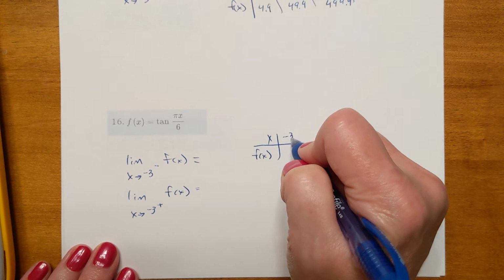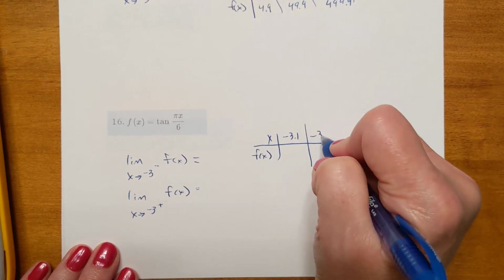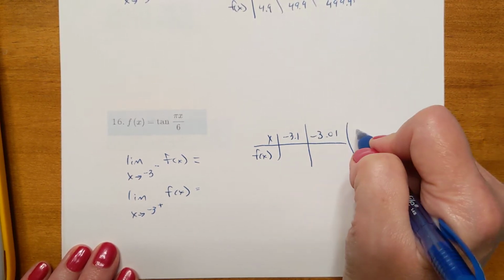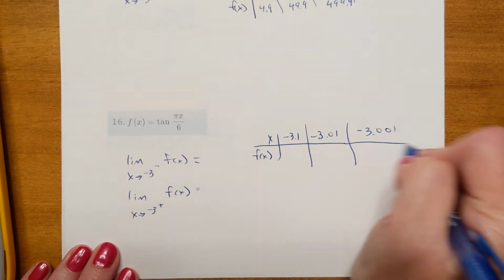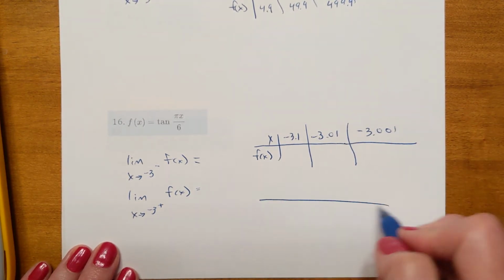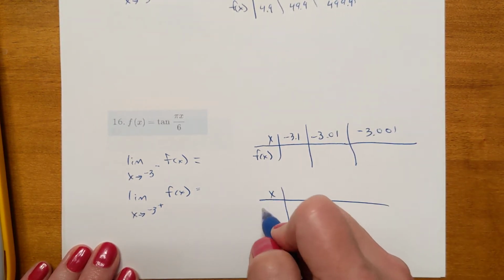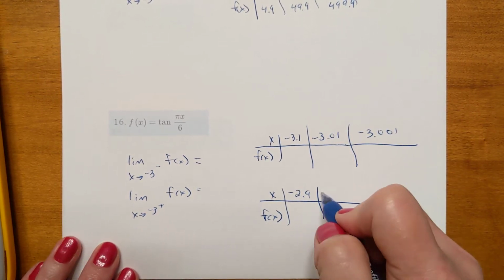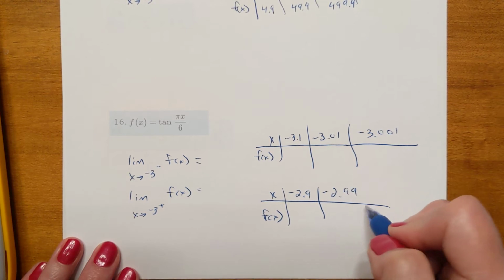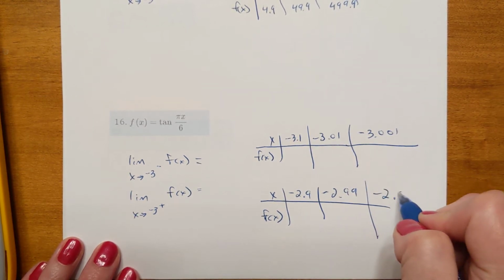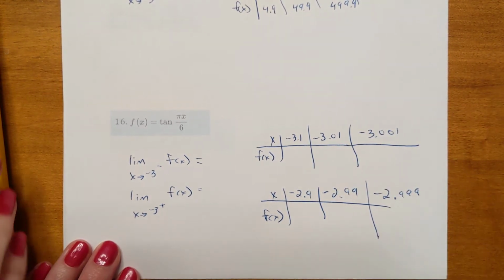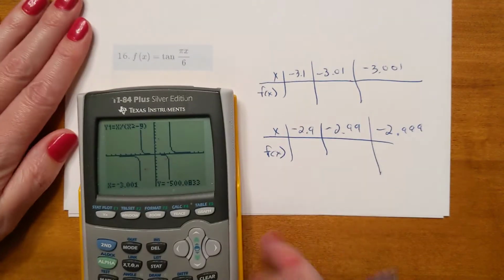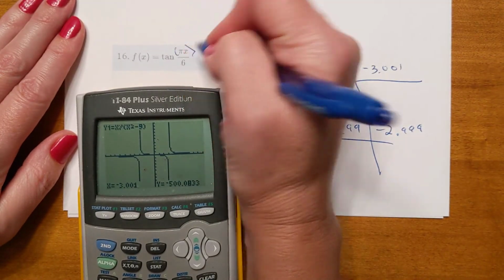So we had -3.1, -3.01, -3.001, and then here I had -2.9, -2.99, -2.999. All right, so putting that in our calculator, don't forget to put parentheses around the top.